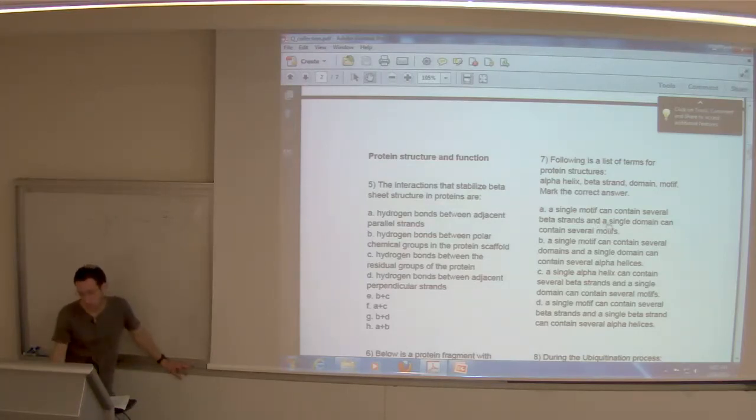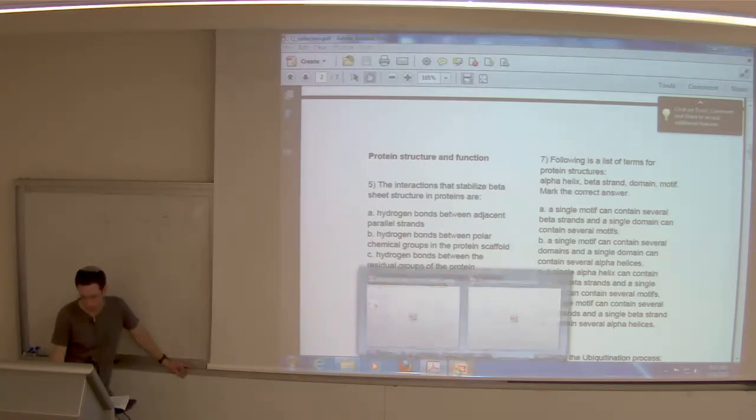So a single motif can contain several beta strands, and a single domain can contain several motifs. A domain is higher in the hierarchy of protein structure than a motif, and it can contain several such motifs. It's still part of the tertiary structure, but in a higher hierarchy.